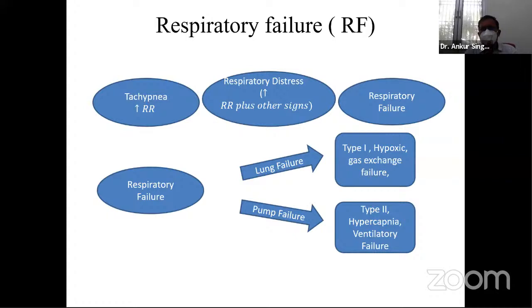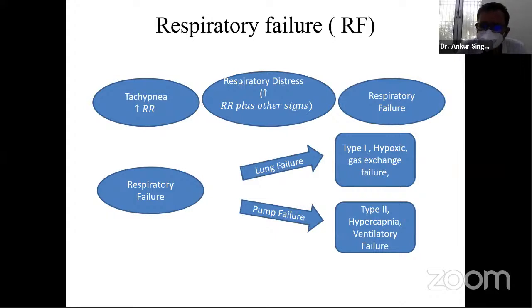A little bit about what is respiratory failure. Further it could be lung failure, means the problem is at the level of lungs, alveoli, leading to oxygenation failure, or we also call it type 1 hypoxic failure, or it becomes a pump failure. Pump failure means the problem starts from your CNS, muscles and nerves.